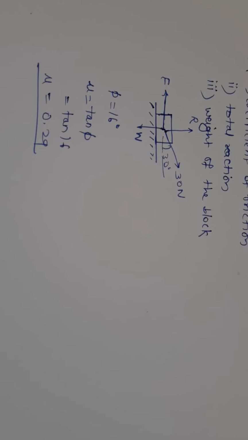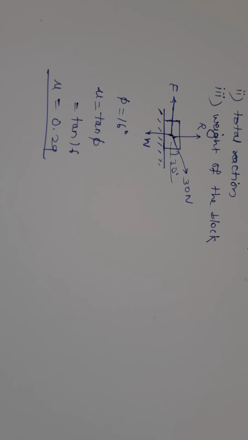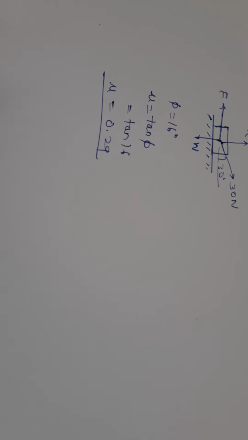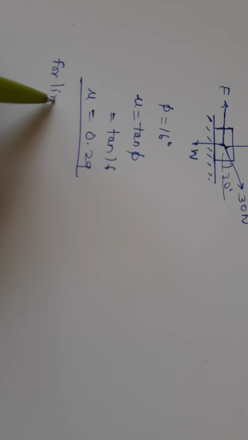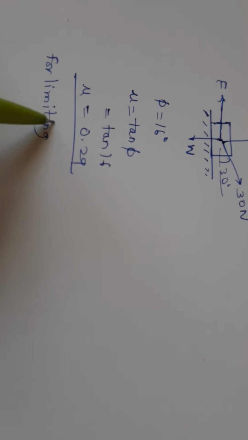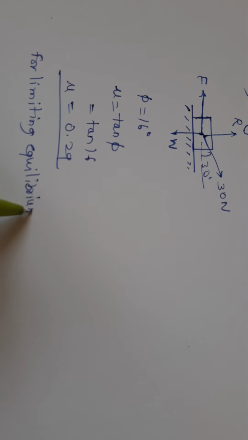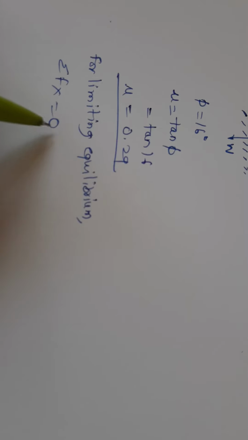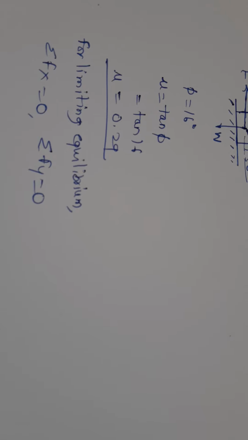So to find the total weight and total reaction, we have to take the condition for limiting equilibrium. Summation of forces in x direction 0, summation of forces in y direction equal to 0.